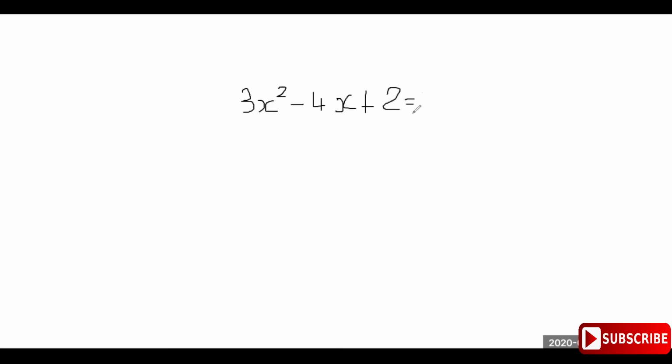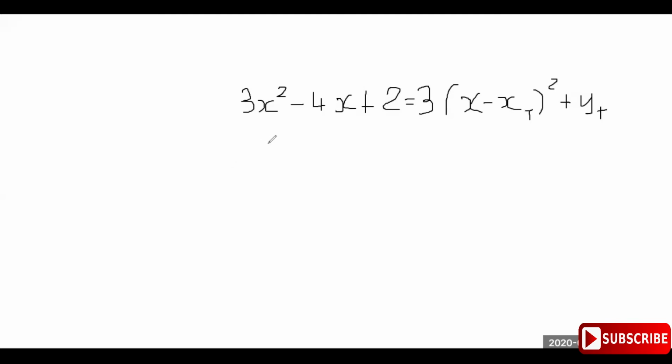All right. That's equal to. Now they want you to complete the square, so they want you to write it in this form: 3 into x minus the x value at the turning point, xt, squared plus yt. That's how they want you to write it. All right.